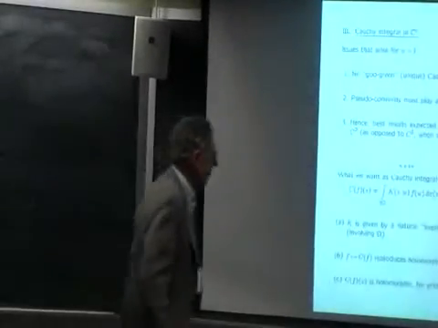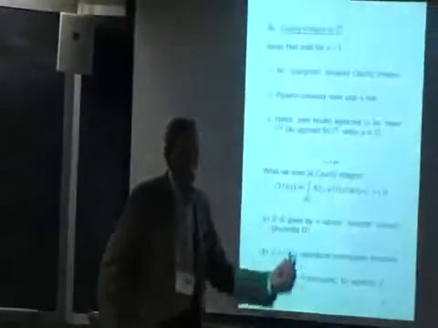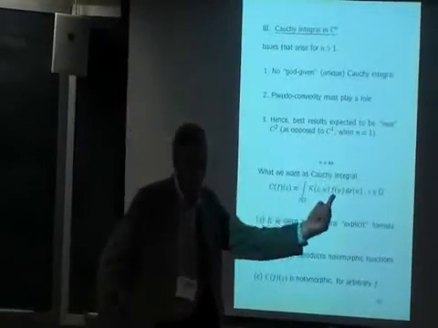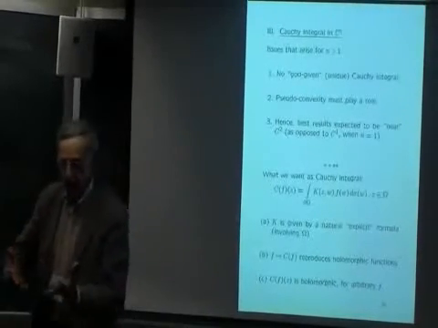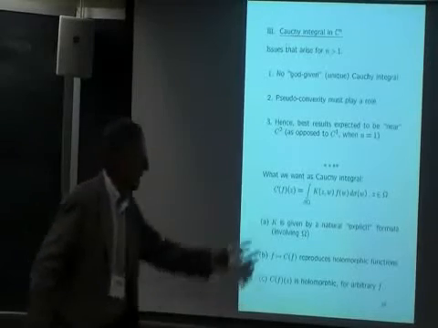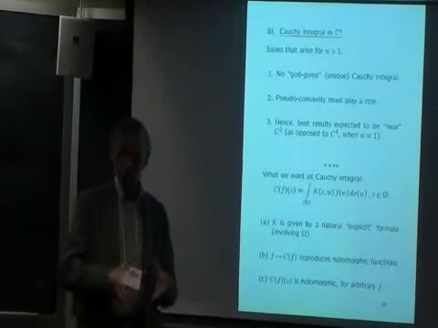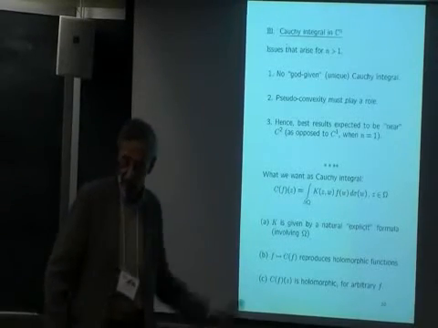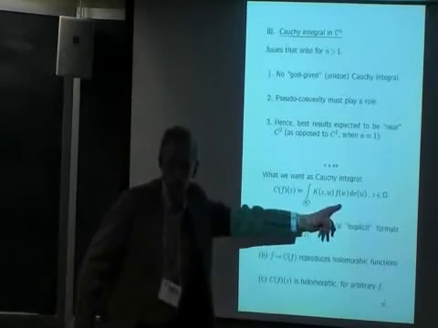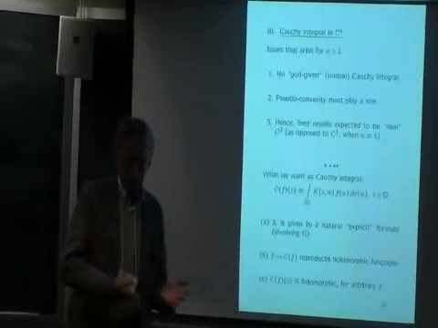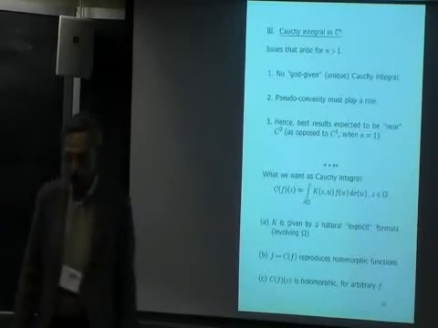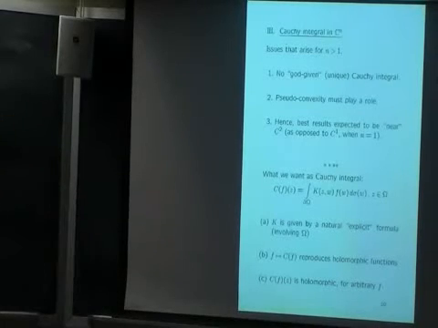Second of all, you want it to automatically reproduce holomorphic functions. That is, if f arose as the boundary value of a reasonable holomorphic function, then this Cauchy integral should give you back f for every interior value. And thirdly, no matter what f was, whether it was the boundary value of a holomorphic function or not, it should automatically always give you a holomorphic function.